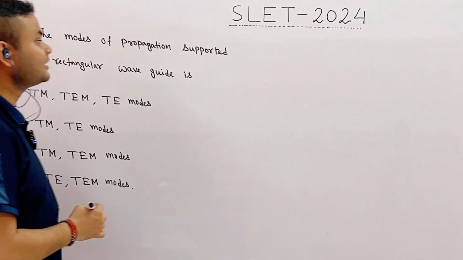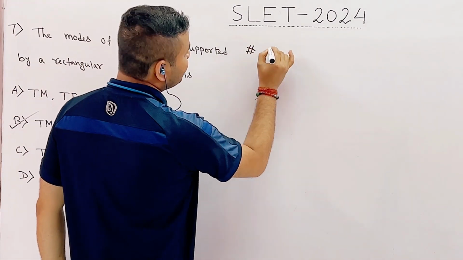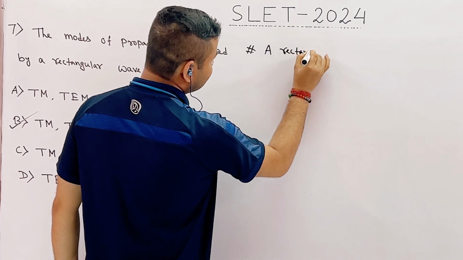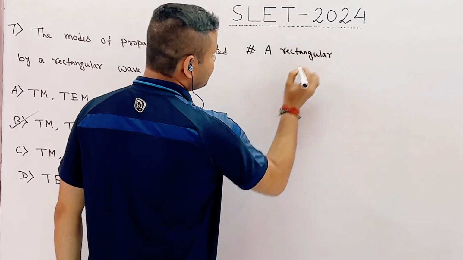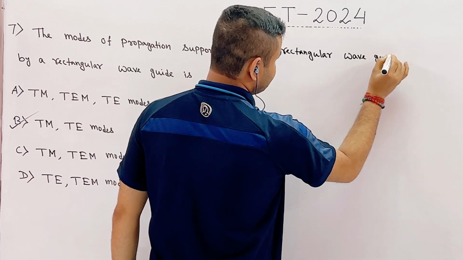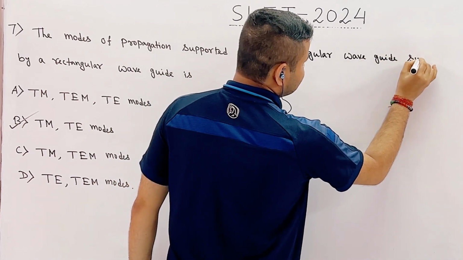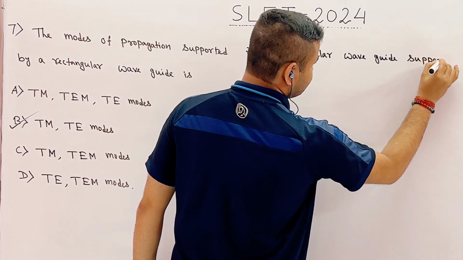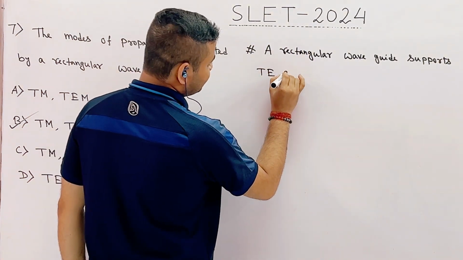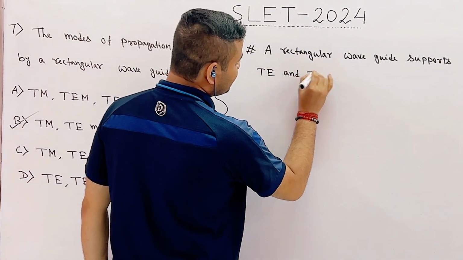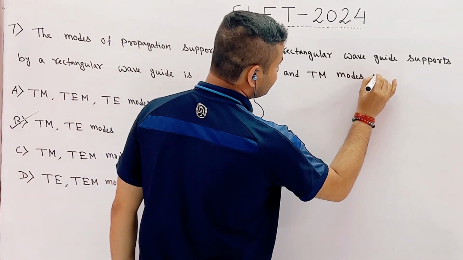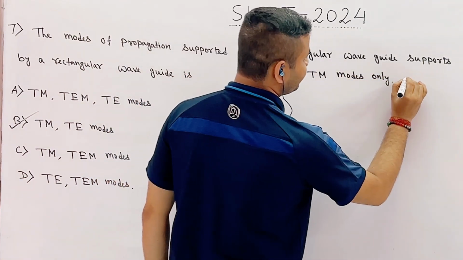First, let me write these points. A rectangular waveguide supports transverse electric and transverse magnetic modes only.